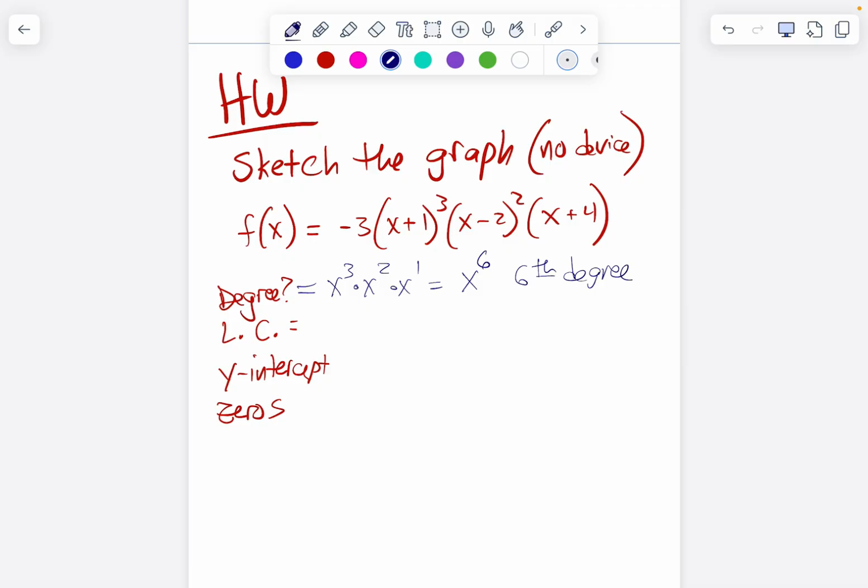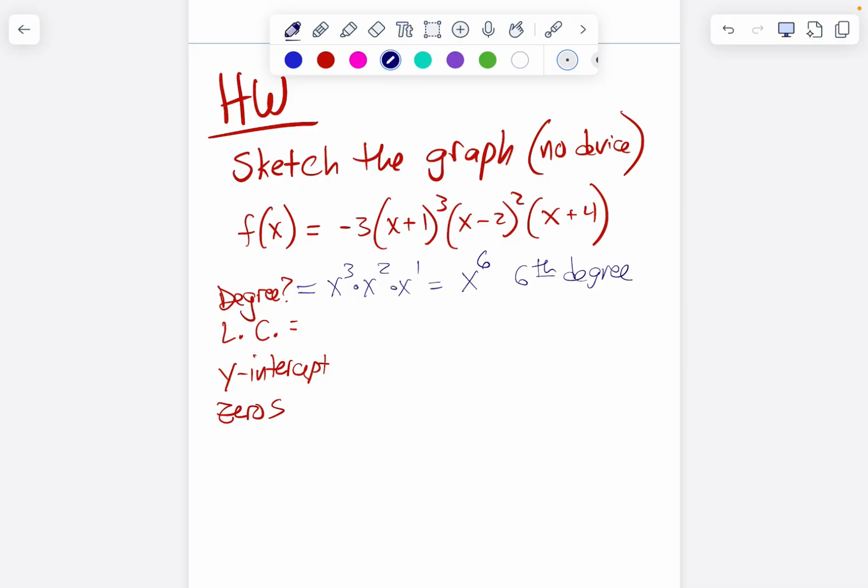Okay, for the lead coefficient, we just need to keep track of sign. So here's what I mean. Now we're just looking at stuff in front of x, knowing that we have to be careful with the sign. So -3 and then x cubed, this is going to be just whatever the sign is, that's what it's going to have. So this is negative, and then here this is positive.